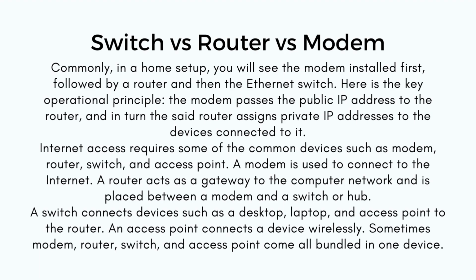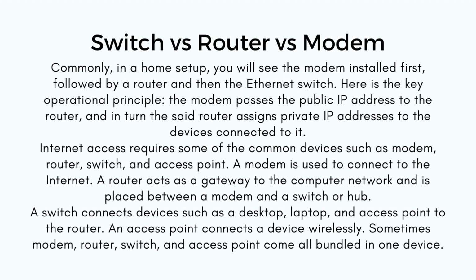Internet access requires some common devices, such as modem, router, switch, and access point. A modem is used to connect to the internet. A router acts as a gateway to the computer network and is placed between a modem and a switch or hub.